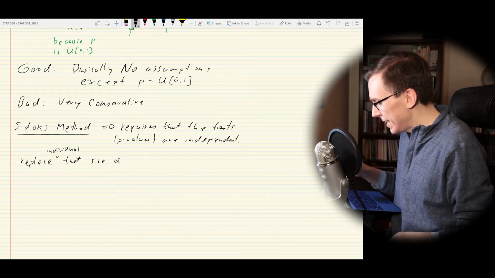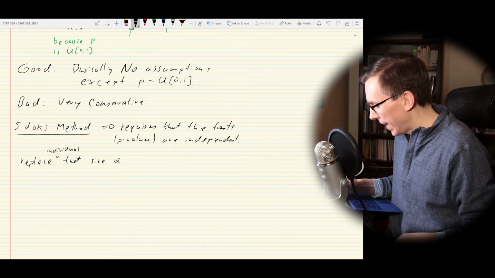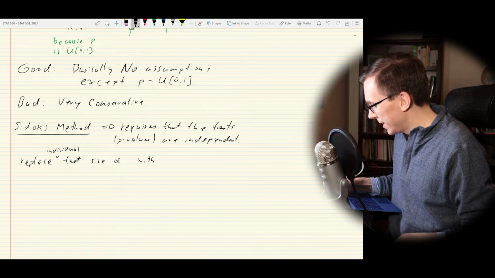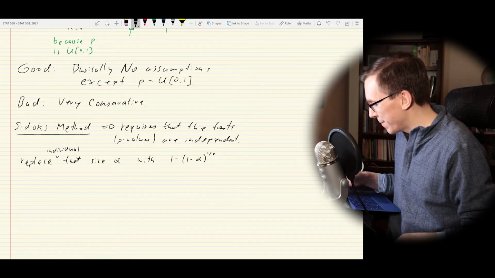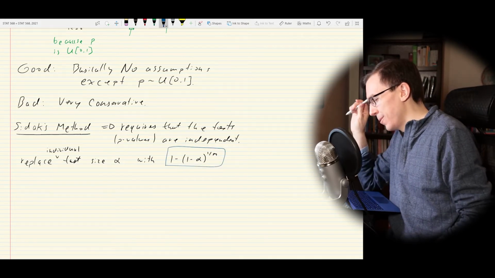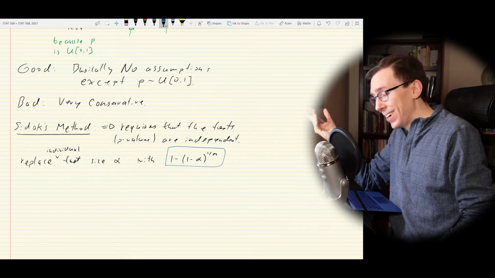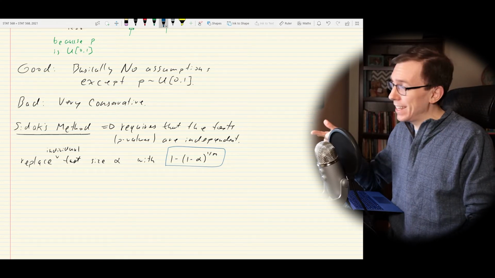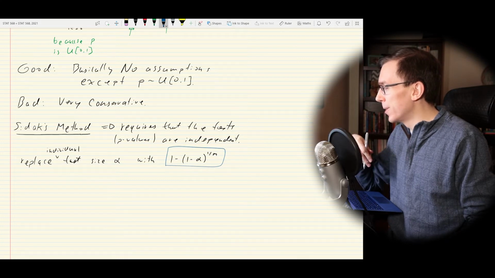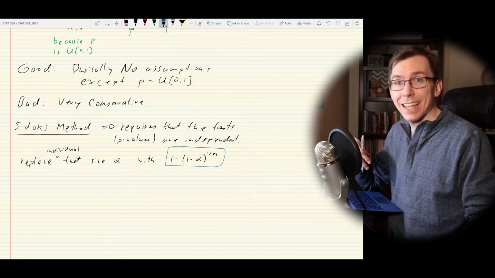So we replace the individual test size alpha with, what do we replace it with? 1 minus alpha to the 1 over m. Okay, so why do we do that? Well, if we work through the math, we're going to use that and the assumption of independence in order to control the family-wise error rate.